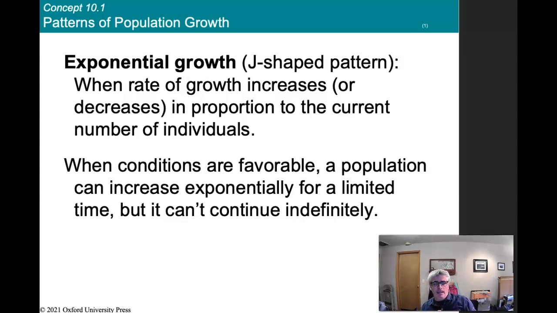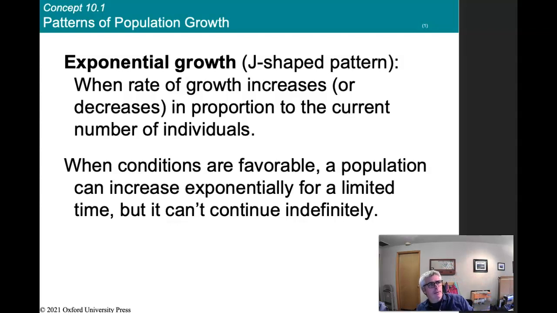So we can have exponential growth for a period of time, but it can't continue indefinitely. And we know this because the world is not full of one type of thing. If exponential growth was permanent, even if it was a tiny bacterium, it would cover the entire world at some point in time, right? So you can have the start being exponential, and then there'll be some sort of either leveling off or decaying.